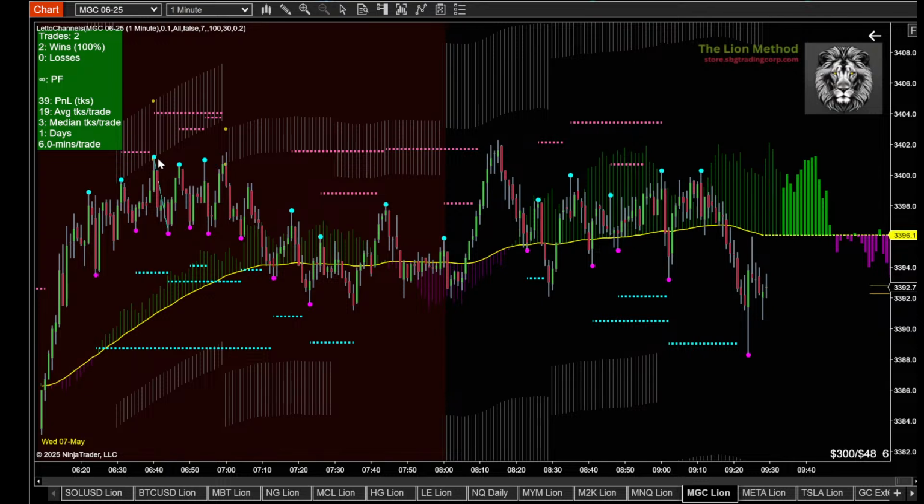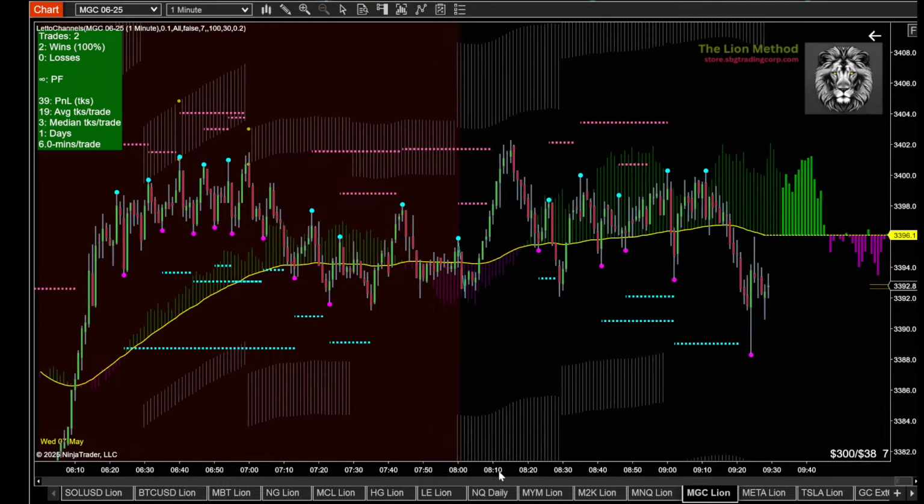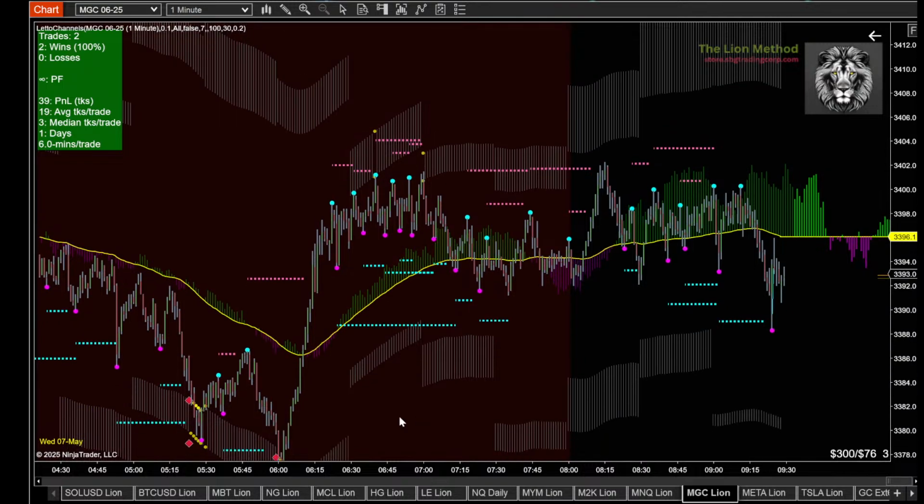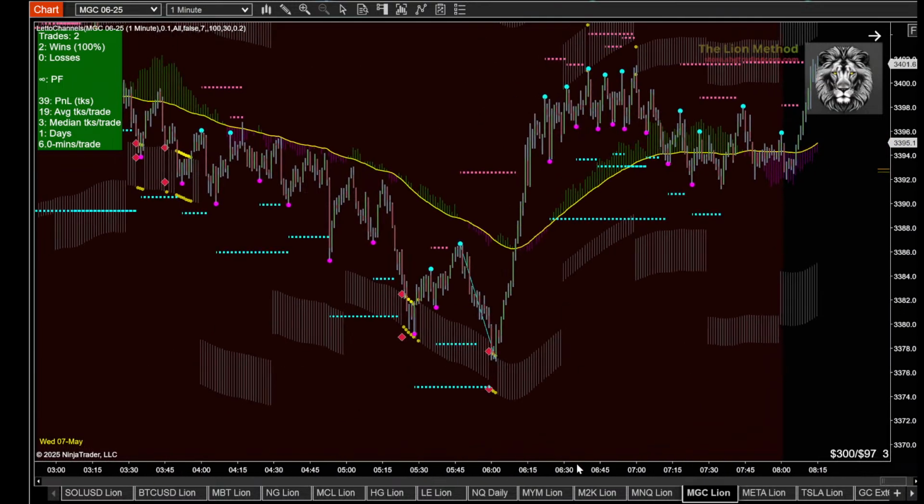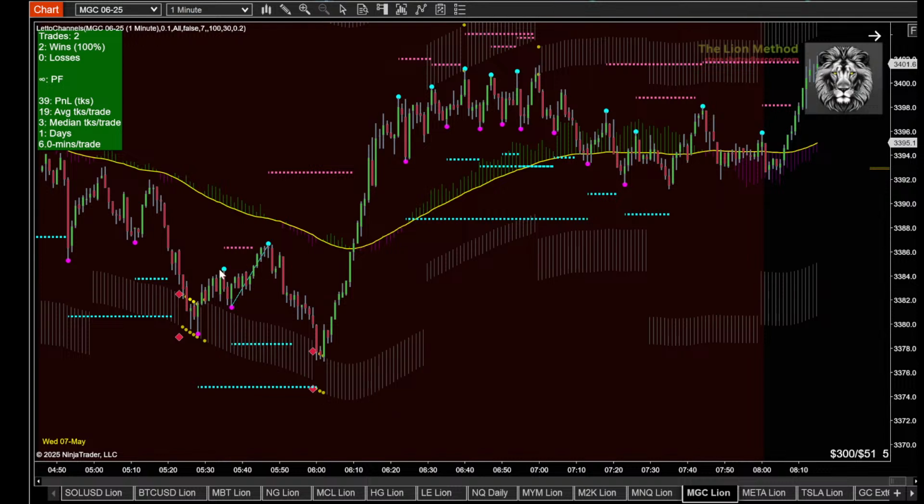You might have gotten a stop out, depending on where your stop was, but it looks pretty good. So that would have been a stop out right there at that high. So that was a loser if you were trading that in the morning. We did have a winner earlier. So the winner in gold was right here. We would have gotten a target right there.